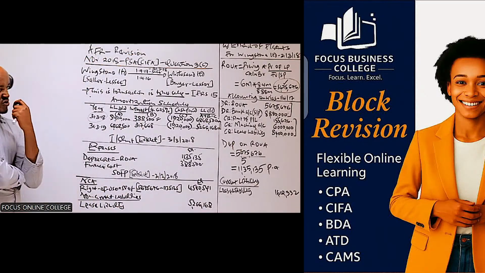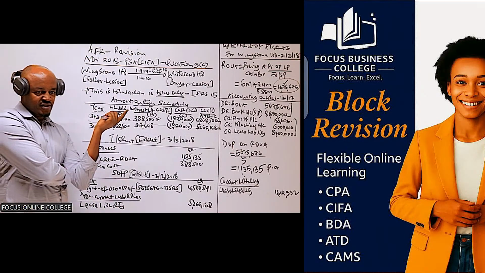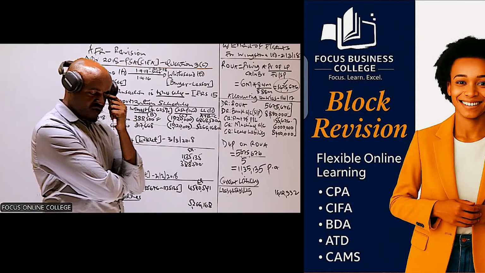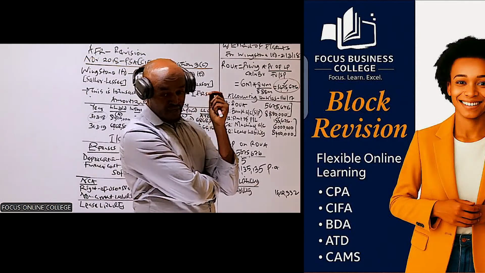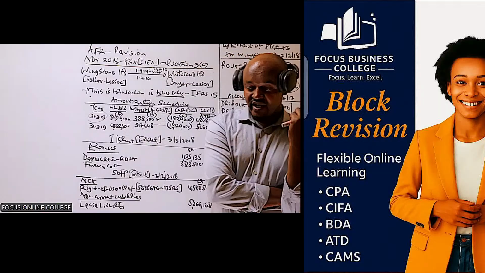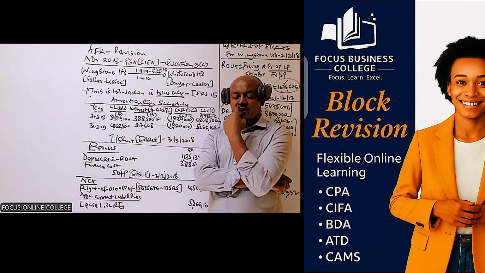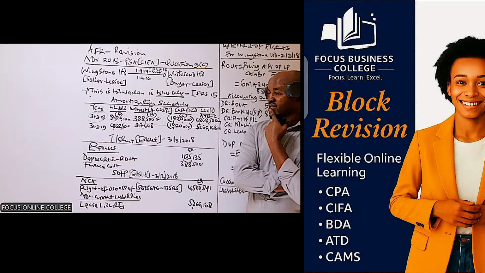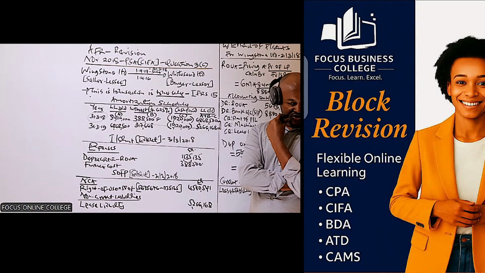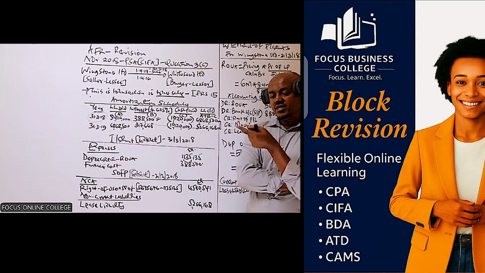So what you will do is try to revise the other areas of leases: how leases are accounted for by the owner of the asset, that is the lessor, and how they are accounted for by the lessee. How does the lessee determine the right of use asset and the lease liability?